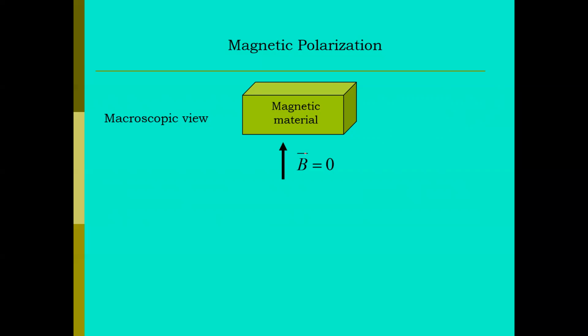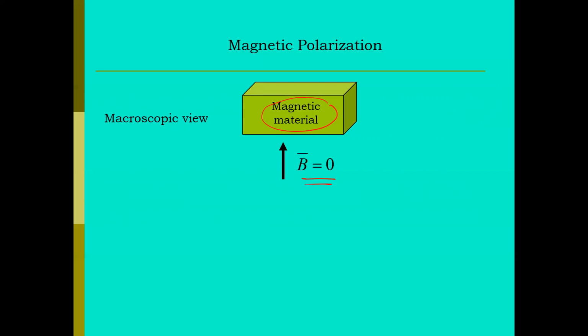We have this material, which is applied with an external field. In this particular case, we assume that there is no external field applied, so the material is said to be in an ideal condition, whereby we don't have any applied magnetic field.